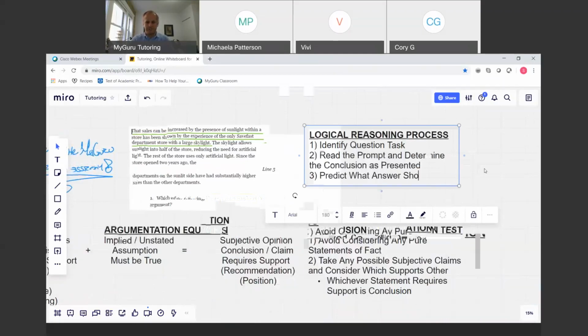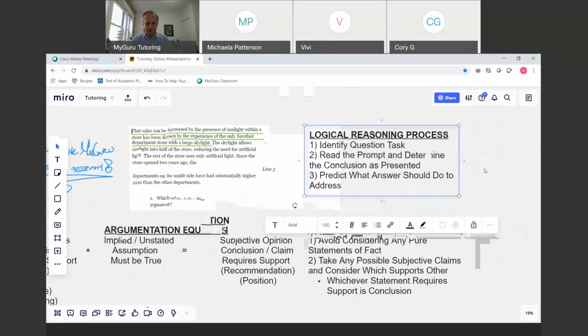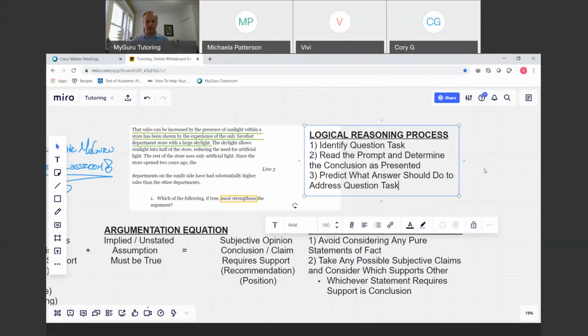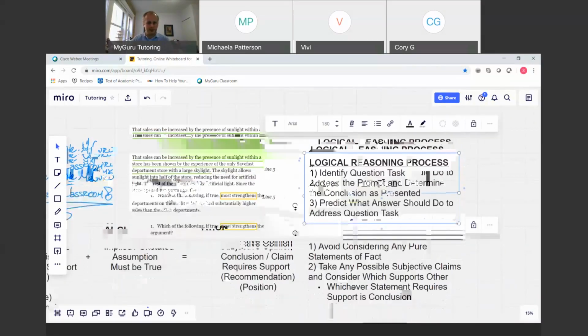And so once we've read the prompt and determined the conclusion as presented, we want to predict what the answer should do to address the question task. Excuse me. So in this case, we're looking at a situation wherein we want to strengthen the argument. So we want to come up with some basic idea of how we would support the idea that it's only the sunlight that has increased the sales.